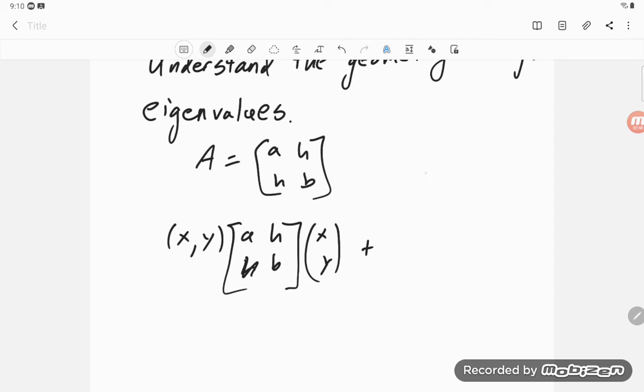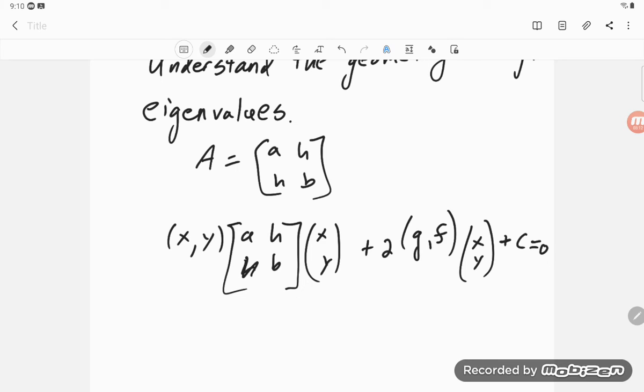So I can write this as, say, 2 times the vector g, f times x y, like that, and then I'll add a c on the end and make that equal 0.